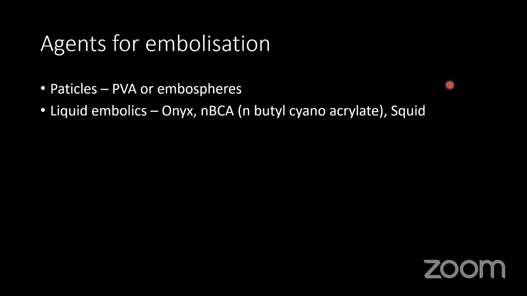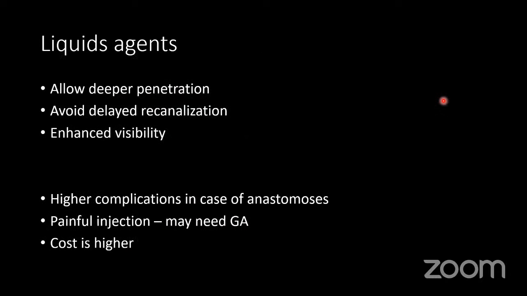Then we will pull out the wire, and we will start embolization. The particles as well as liquid embolics can be used. Particles are either PVA, polyvinyl alcohol, or embospheres. Liquid embolics: Onyx or NBCA or SQUID 18.